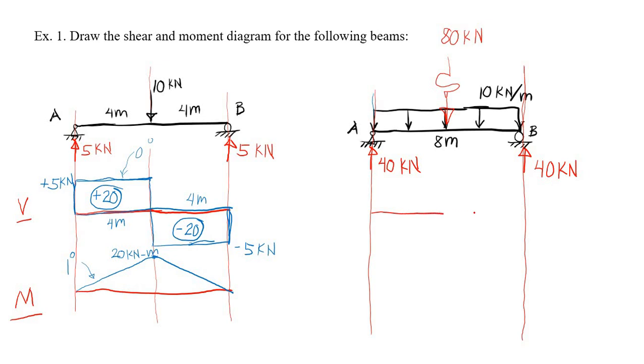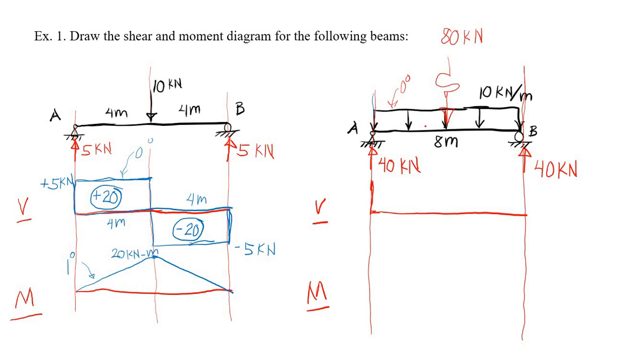Okay, for our shear diagram and our moment diagram, start from 0 going upwards. This must be positive 40. We have positive 40. And since our loading is 0 degree, then this must be first degree. Okay?